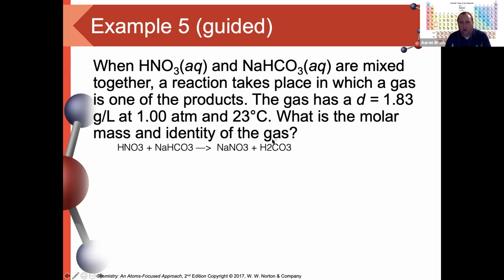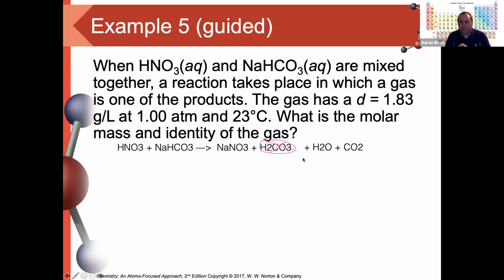The thing with carbonic acid is that it rarely exists in this pure form, and pretty much every time we see it as a product of a reaction, we have to understand that it will undergo a decomposition, and that decomposition will yield water and carbon dioxide.